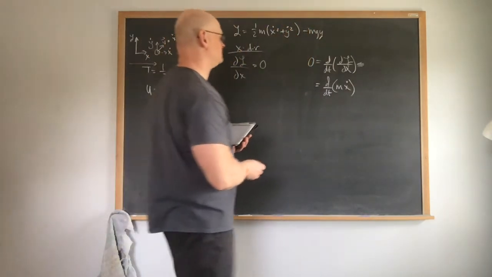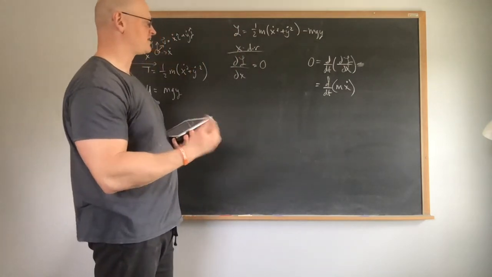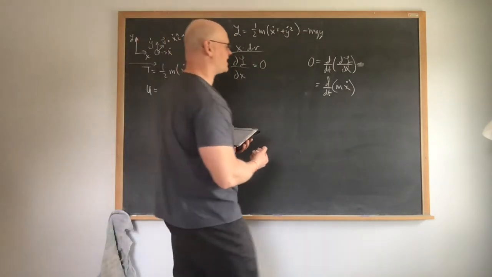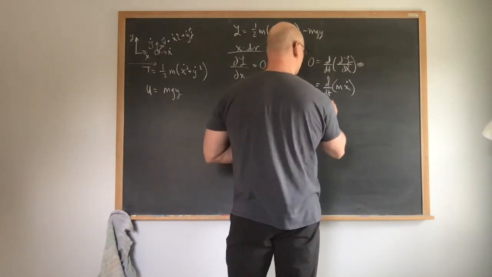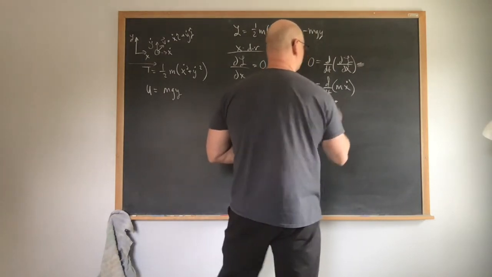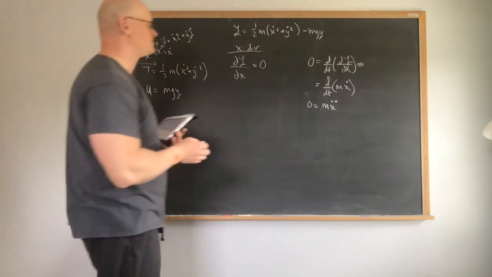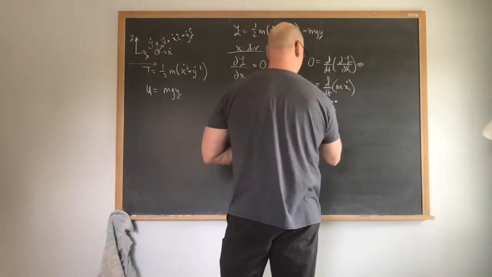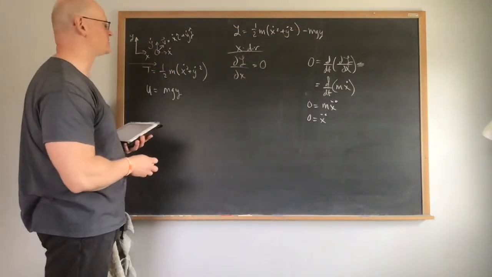So just the momentum, which in this case says that the momentum in the x direction is conserved, so the momentum doesn't change. Taking our derivative, we get m x double dot is equal to 0, which means our acceleration is 0. So we have no acceleration in the x direction.